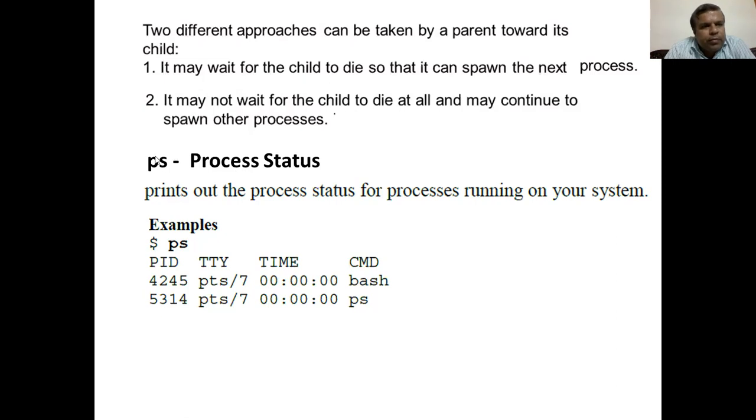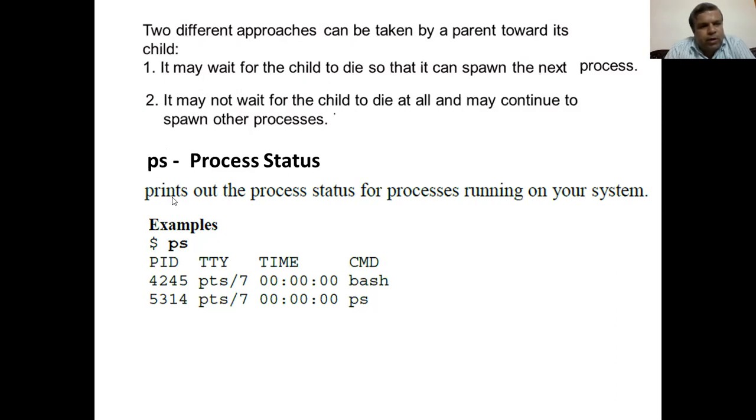Next, the question is, how do you find out the process status, that is, the processes that are currently running on your system? This is achieved with the ps command, which stands for process status.